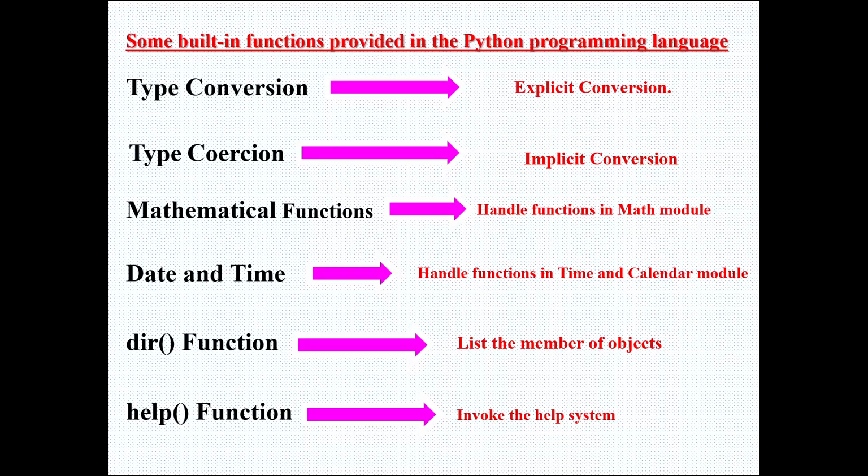Some of the built-in functions available in Python are type conversion used for explicit conversion, type coercion used for implicit conversion, math module handles mathematical functions, time and calendar module handles date and time functions, dir function lists the members of objects, and help function invokes the help system.